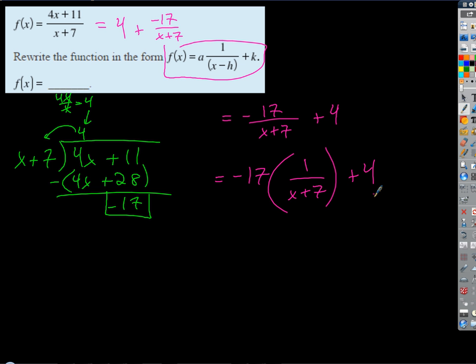Because if I were to reverse that, I've really just got a negative 17 over 1, and I multiply straight across, so the negative 17 goes right into the numerator. We're just reversing that thinking, okay? Whatever's in the numerator, we could just pull that out in front of the whole fraction, put a 1 there, right? So now we've got it in this form, okay? Let's try another one.